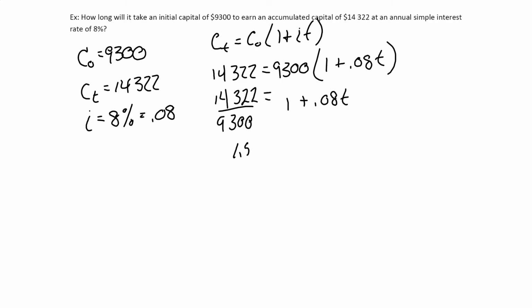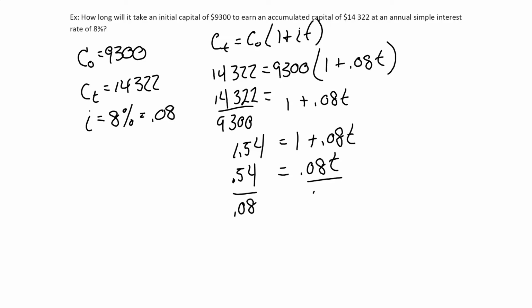That gives us 1.54 equal to 1 plus 0.08t. Subtracting 1 from both sides, we end up with 0.54 is equal to 0.08t. Going to divide both sides by 0.08 to get the t alone. And t is 6.75, or 6 3/4 years.